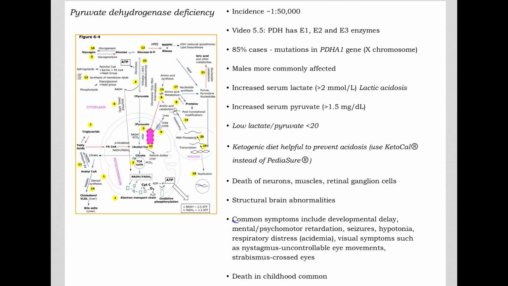So the common symptoms are related to the impaired functioning or death of these neurons, muscles, or retinal ganglion cells. These include developmental delay, psychomotor retardation, seizures, hypotonia, respiratory distress due to the lactic acidosis, as well as various visual symptoms related to the eye. That in childhood is common.